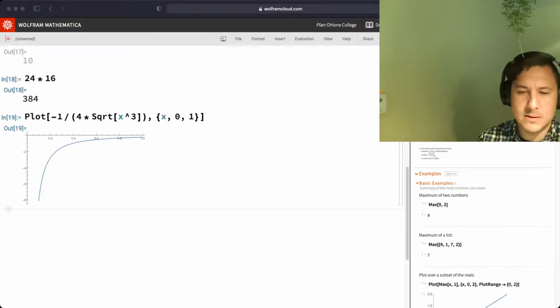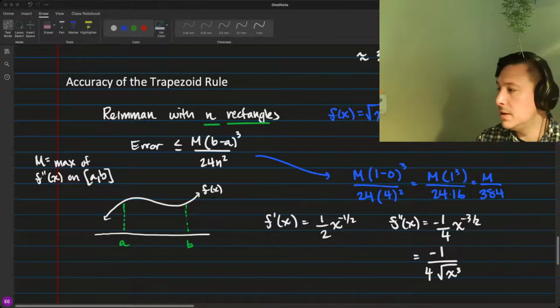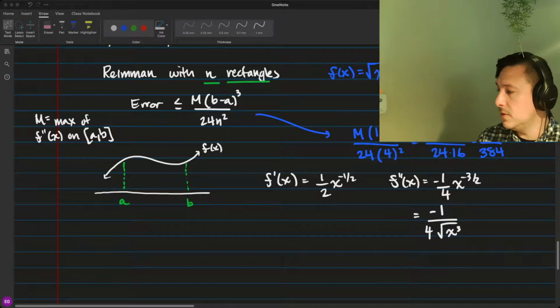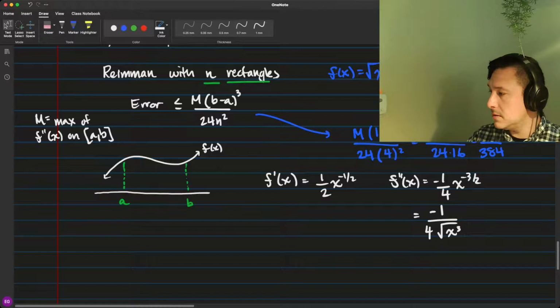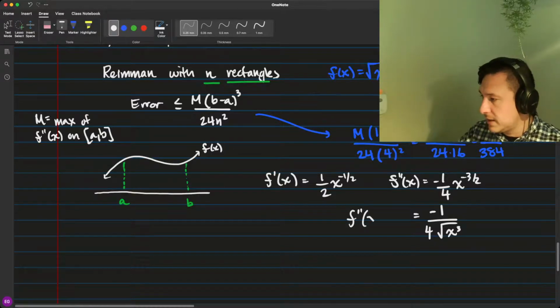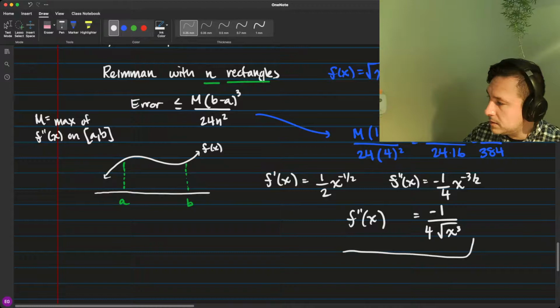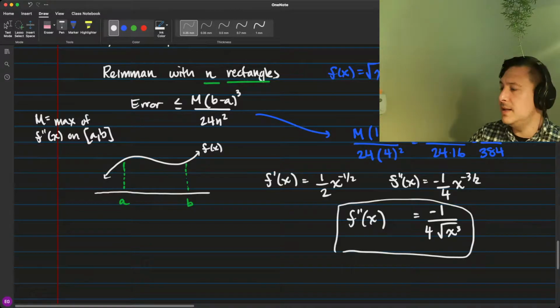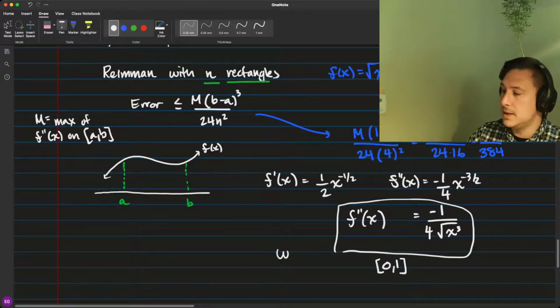The only problem is, let me go back over here. I can't annotate my screen, so I'll just change back to here. There we go. This is our second derivative, and we're looking at it between 0 and 1, and we want the maximum of its absolute value.